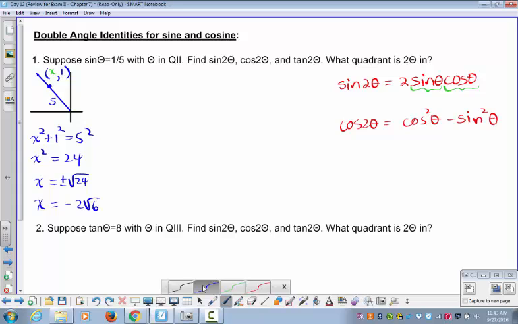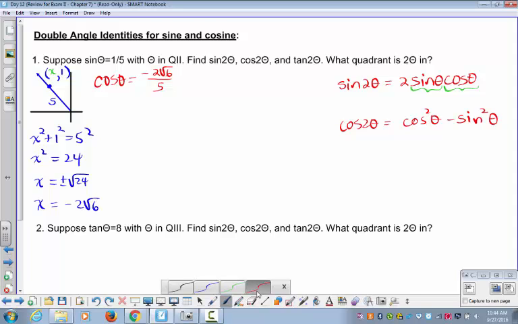So now we know what cosine is. So this tells us that cosine of 1 theta is negative 2 root 6 over 5. Right. Cosine is the x coordinate divided by the radius. X divided by r. X divided by the distance to the origin.